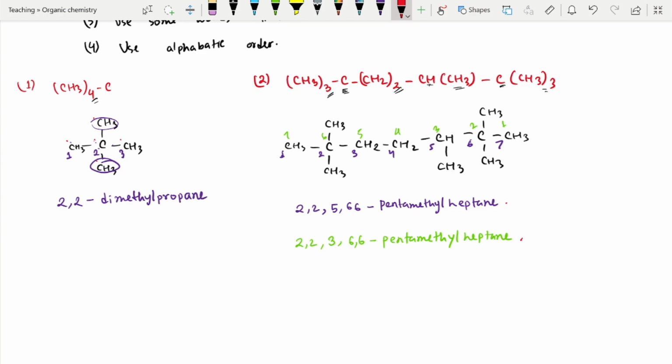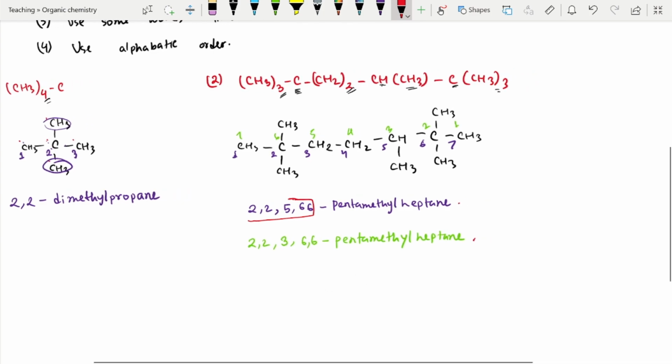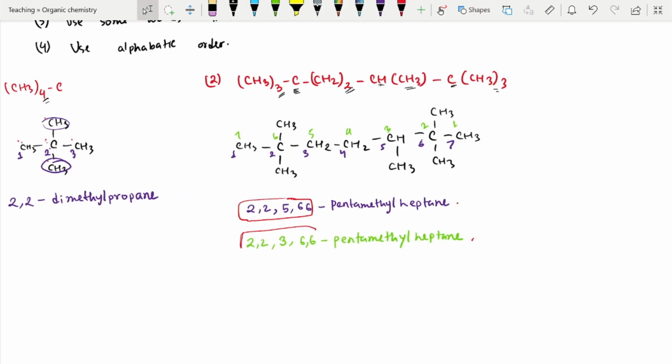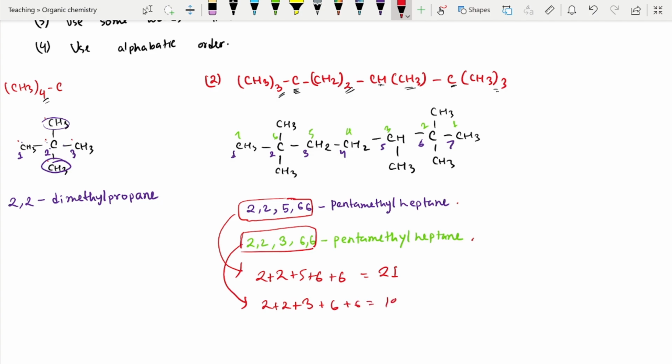So we have to do some maths. Here we have to find the summation of this number and this number. This is 2 plus 2 plus 5 plus 6 plus 6. So 2 plus 2 is 4, then 9, then 15, then 21, so it is 21. And now count this: 2 plus 2 is 4, plus 3 is 7, plus 6 is 13, and plus 6 is 19, right?